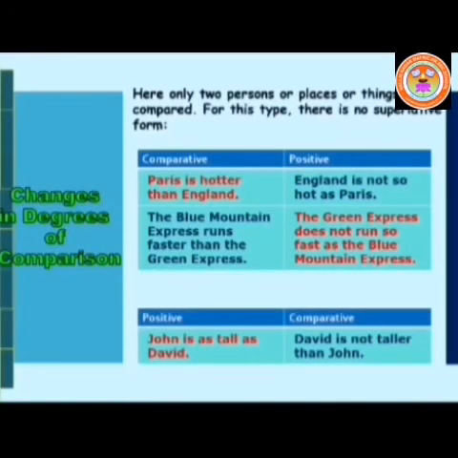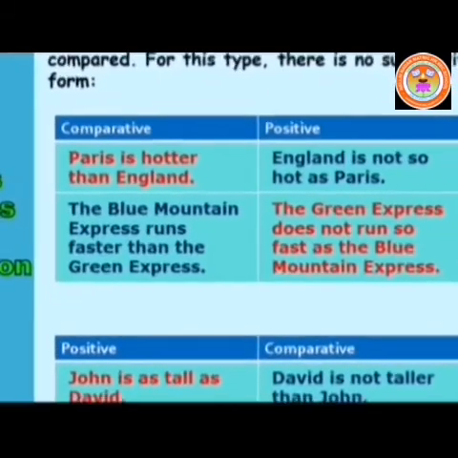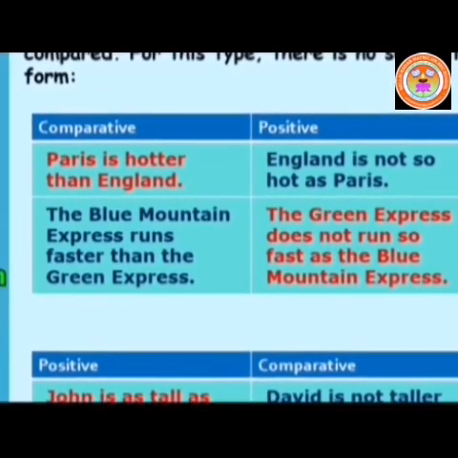This is quite peculiar, children. Here only two persons or places or things are compared. Only two things are compared. So in this case there won't be any superlative form. See here, positive: England is not so hot as Paris. This is the positive form.